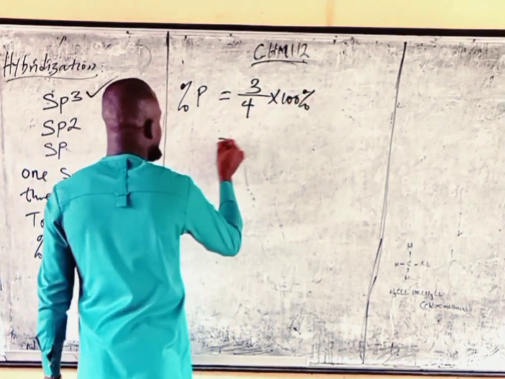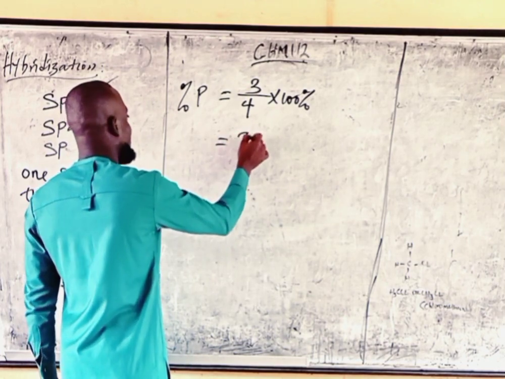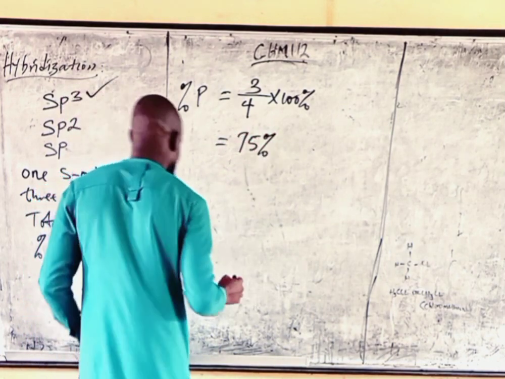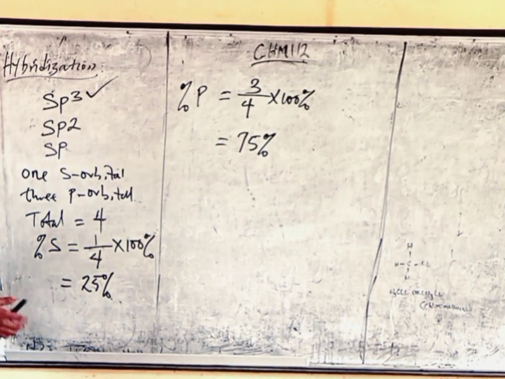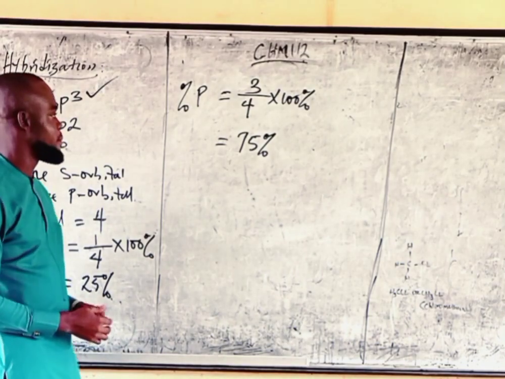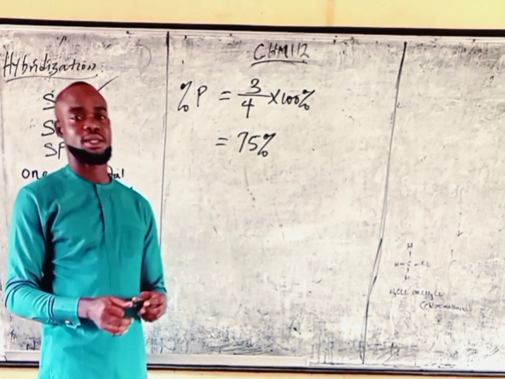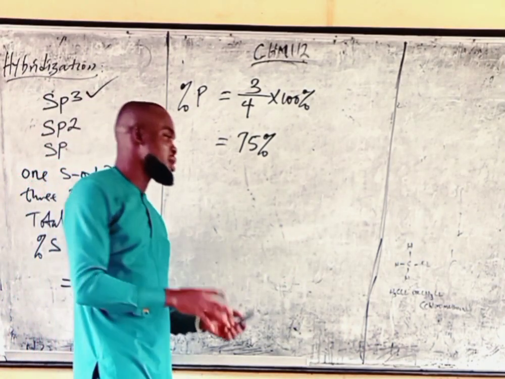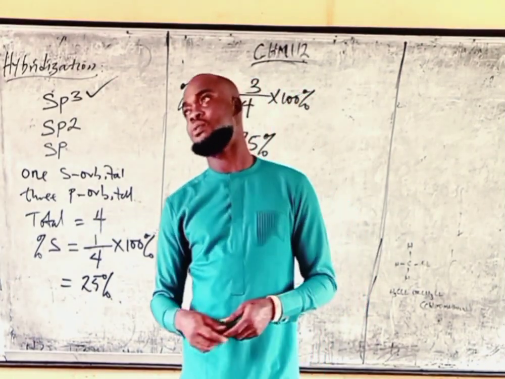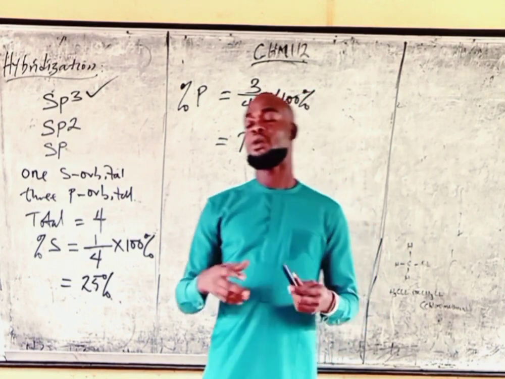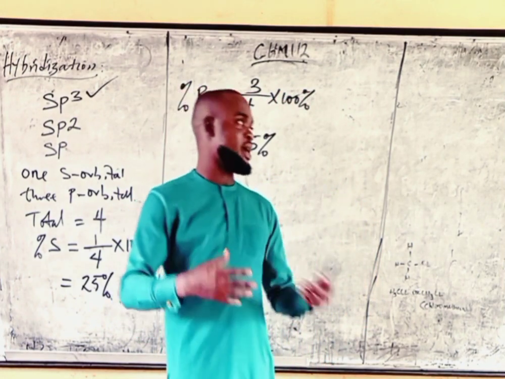This gives us 75%. So this orbital has 25% s character and 75% p character.